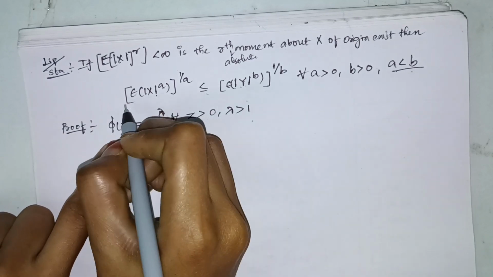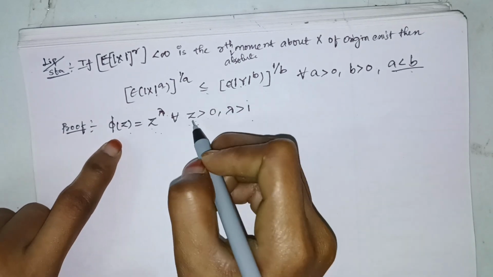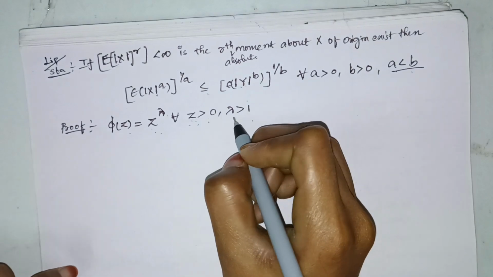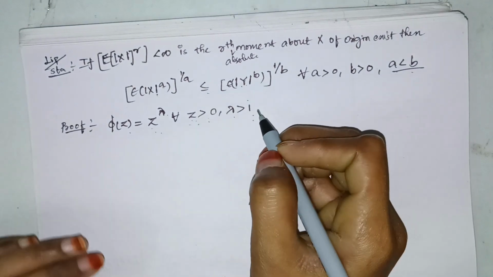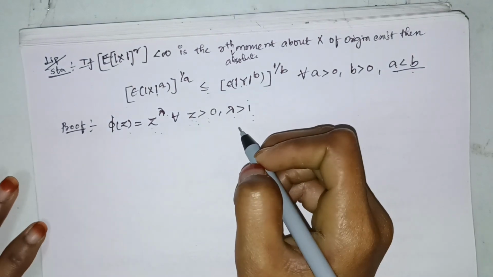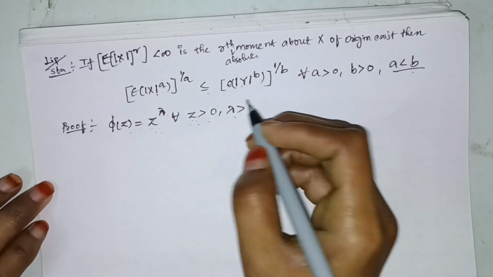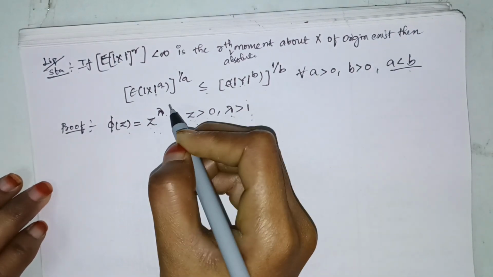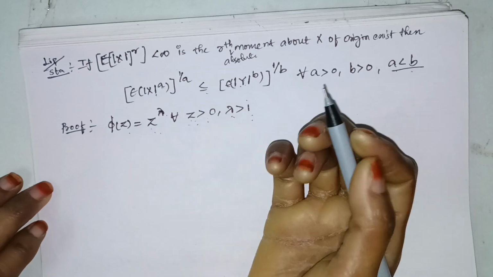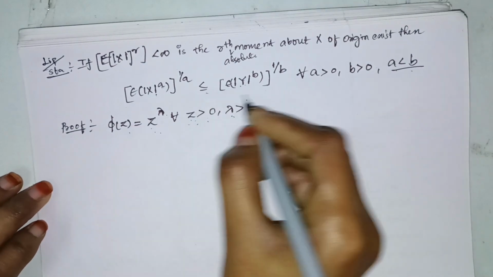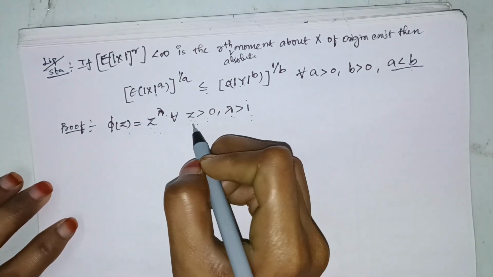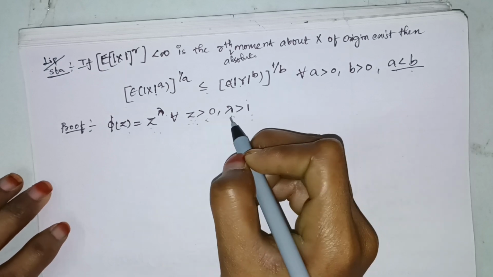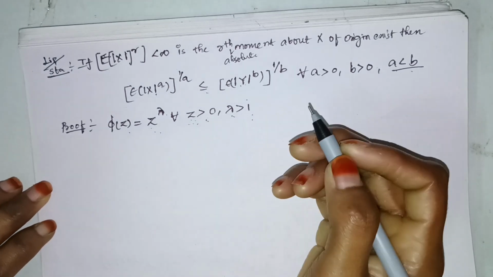Then how can we prove this one? So we are taking z greater than 0 and lambda should be greater than 1. If lambda is less than or equals to 0, then anything to the power of 0 is nothing but 1, so we cannot prove this one. So our z value should be greater than 0 and lambda value should be greater than 1.